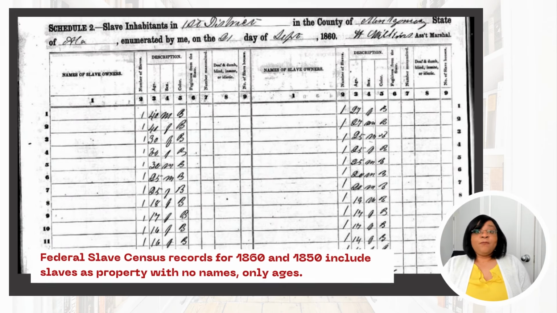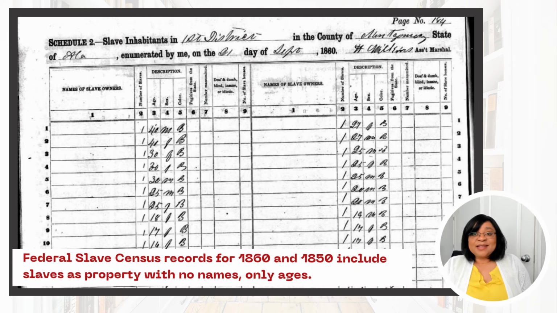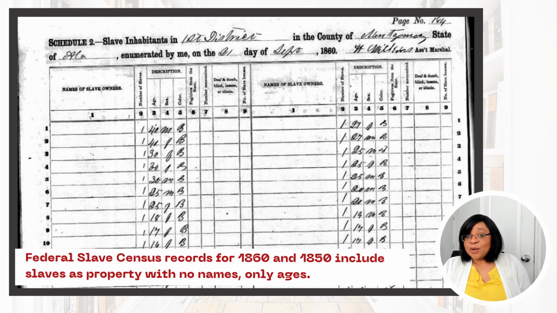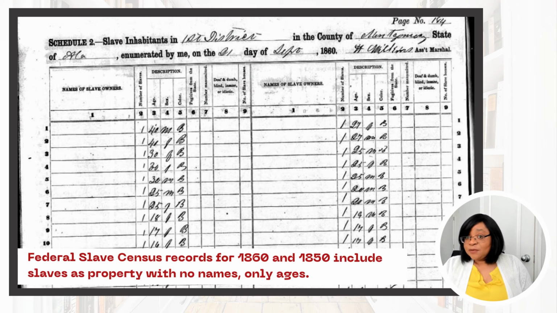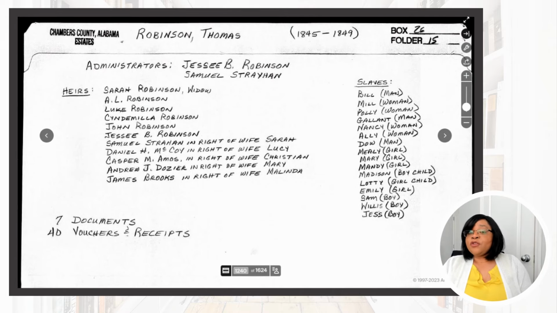So if they are listed during that time, they will be listed in those types of records if they were slaves. They're not going to be on a census record for 1860 and earlier if they were slaves. So you want to shift your research focus to those types of records when you get back that far.